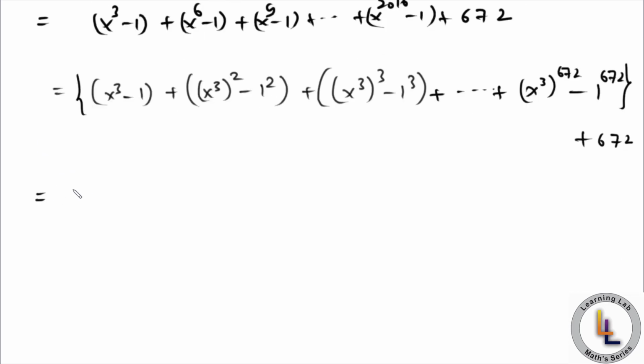Now as per the standard rule, a raised to power n minus b raised to power n is always divisible by a minus b for any n belonging to natural numbers.